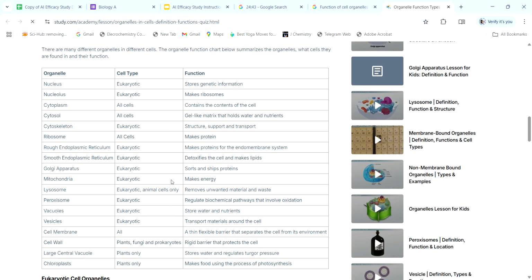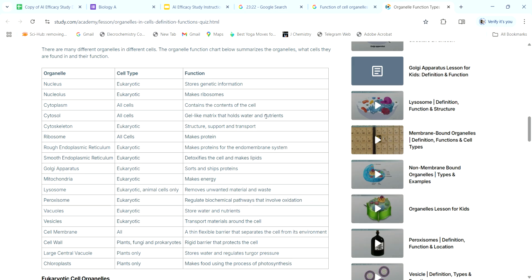For example, the nucleus remains in the eukaryotic cell and stores the genetic information. Nucleolus remains in the eukaryotic cell and makes ribosomes. The cytoplasm remains in all cells and contains the content of the cell. Cytosol remains in all cells and is a gel-like matrix that holds water and nutrients.